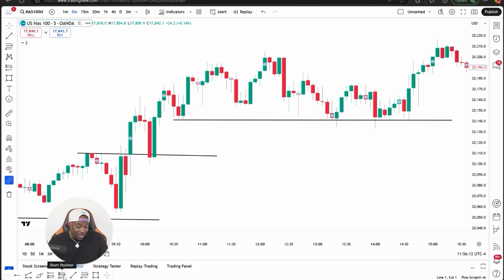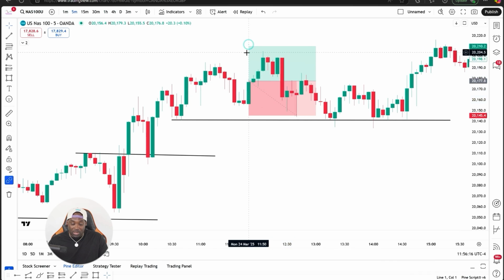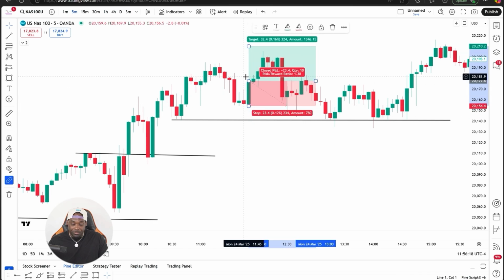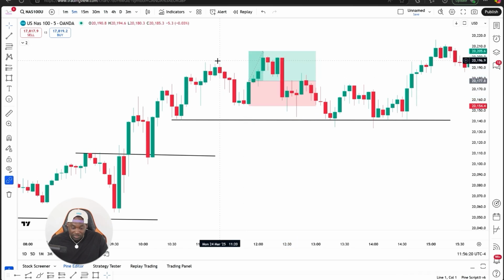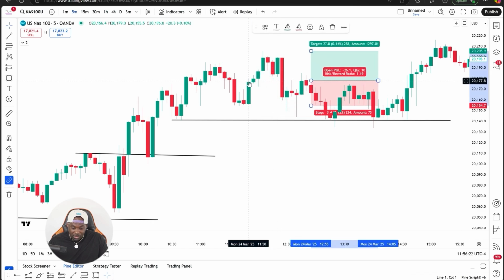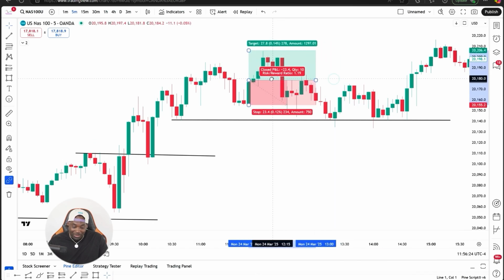That's another good confirmation to get in, because now you see buyers being very aggressive, closing right at its high, for that quick scalp. So that is another way for confirmation.